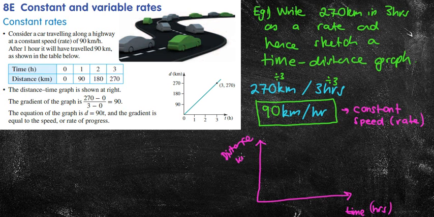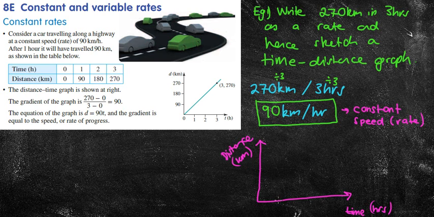In this case, the distance is in kilometers. So it's called a distance time graph or a time distance graph. Now, you can put a table of values out, but to be honest, guys, I don't really like that. For this kind of question, you should be able to do it straight.